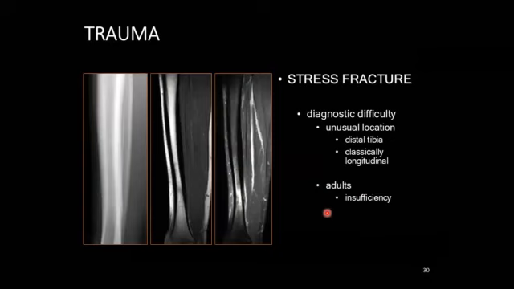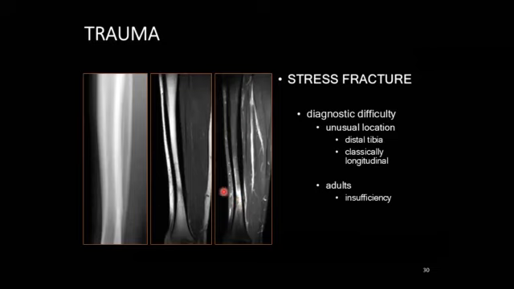This is also an unusual location in the tibia, in the distal part. This is not a very common location for stress fractures. Also, it appears as a longitudinal fracture rather than transverse. If this was in an adult patient, it would be an insufficiency fracture, possibly due to osteoporosis or osteomalacia.